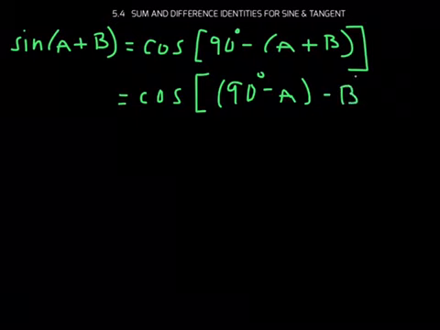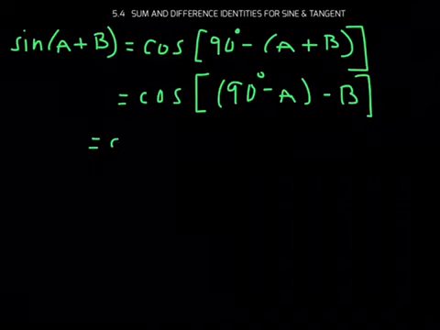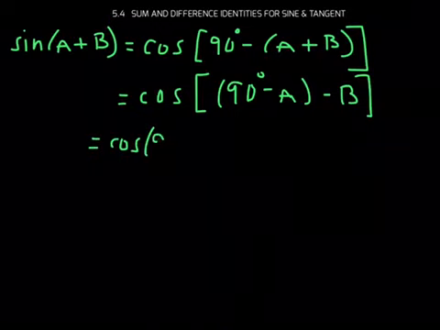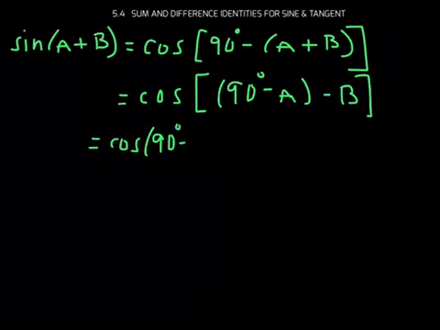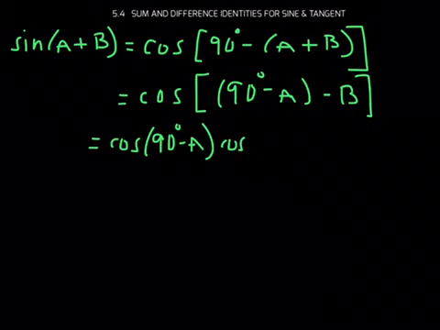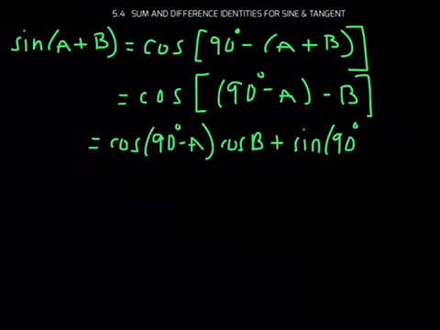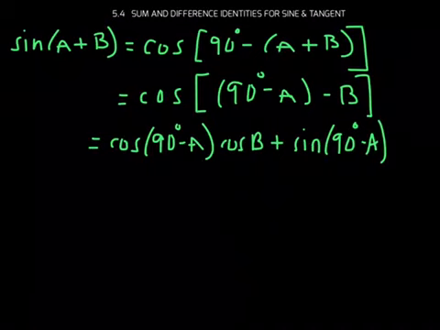Now, by the difference identity for cosine, we know this is cosine of 90 degrees minus a times cosine of b, plus sine of 90 degrees minus a times sine of b.